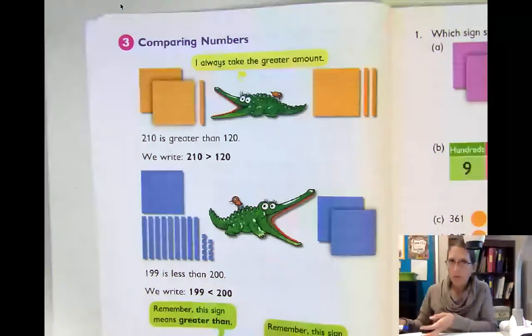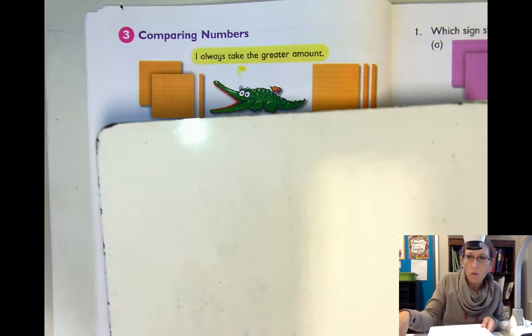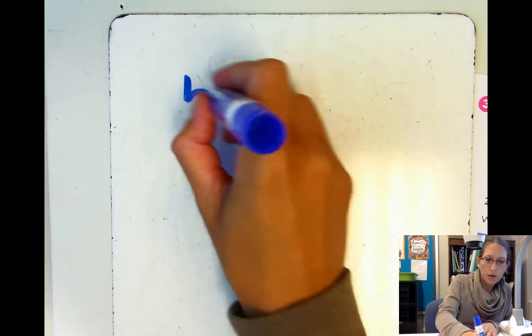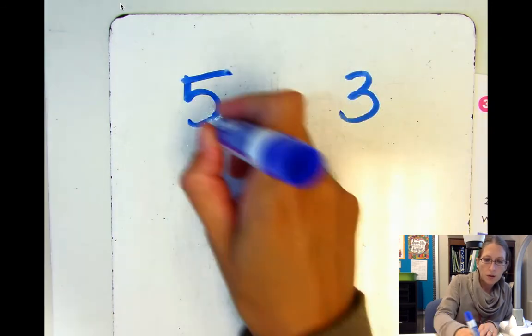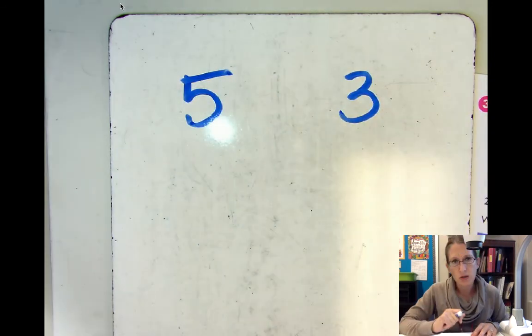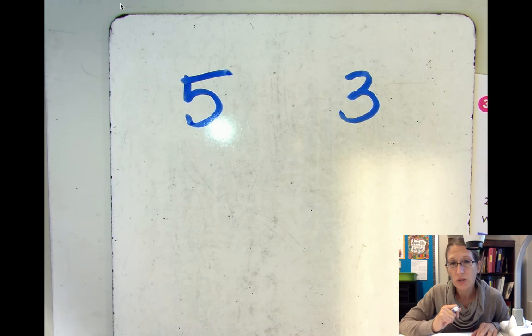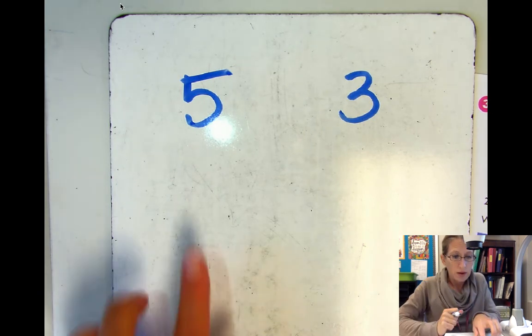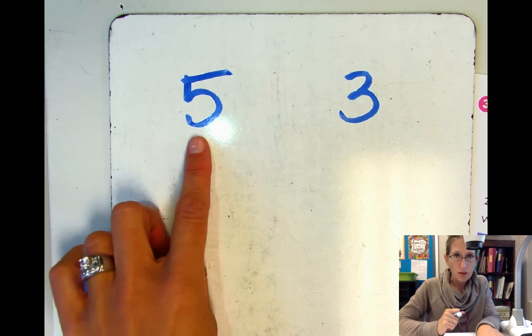So before we even look at that, I wanted to look at these two numbers, because I bet you already know which one is bigger and which one is smaller, right? Which one is bigger, 5 or 3? 5, right? So we know that 5 is bigger than 3.